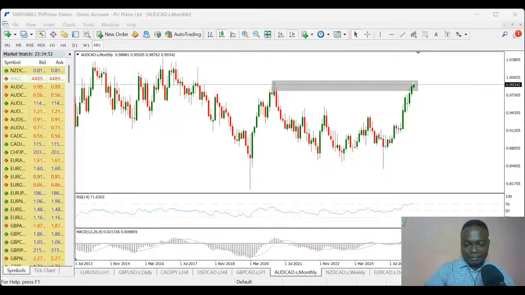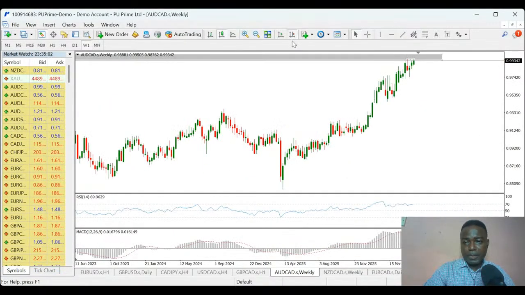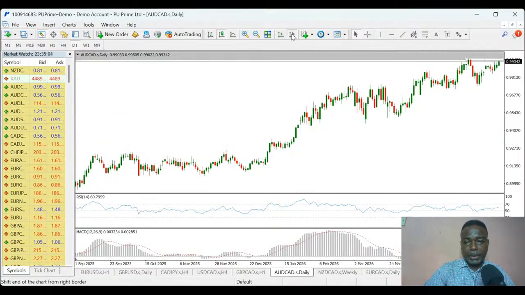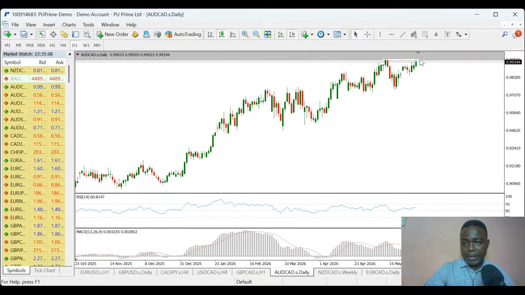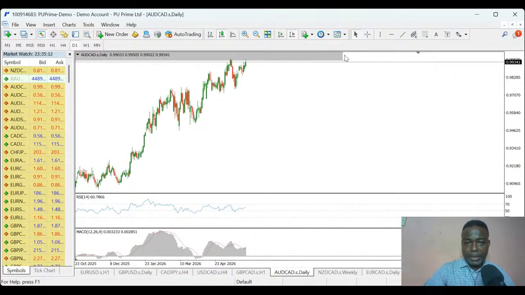All right, so we can clearly see that price is trading around a previous resistance zone right on the monthly time frame. So it's still covered in the weekly. Now we take it straight to the daily time frame. We're still within that monthly resistance zone.